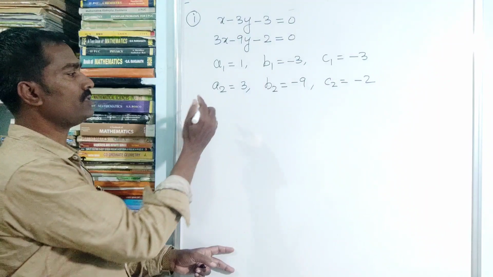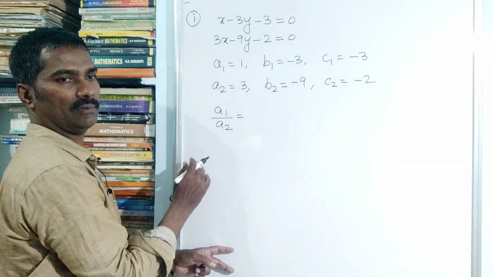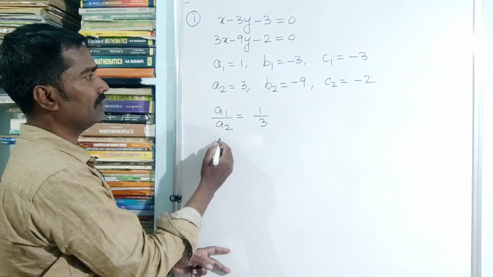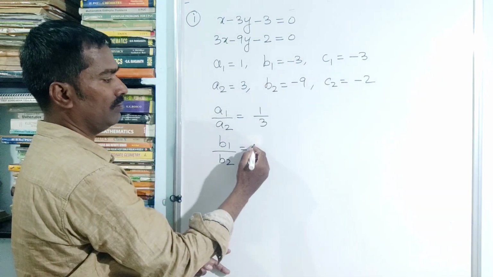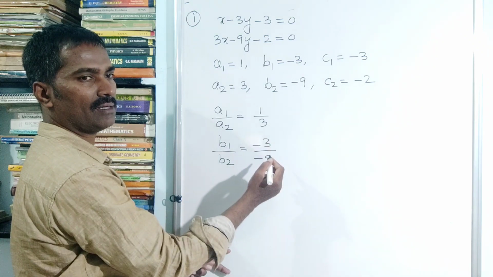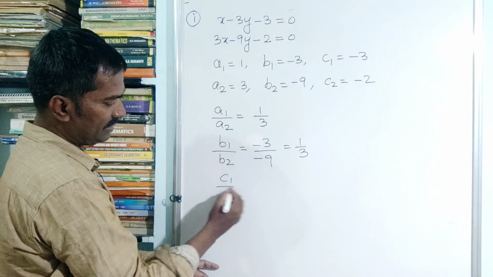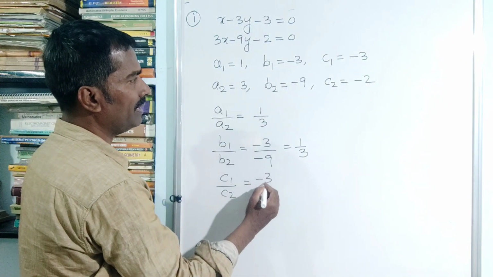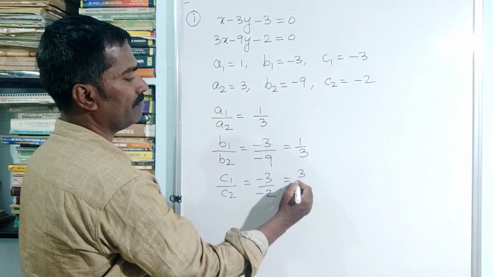After writing all the values, a1 by a2 is 1 by 3, then b1 by b2 is minus 3 by minus 9, minus minus cancel, 3 ones are 3, 3 threes are 9, so 1 by 3. c1 by c2 is minus 3 by minus 2, minus minus cancel, 3 by 2.